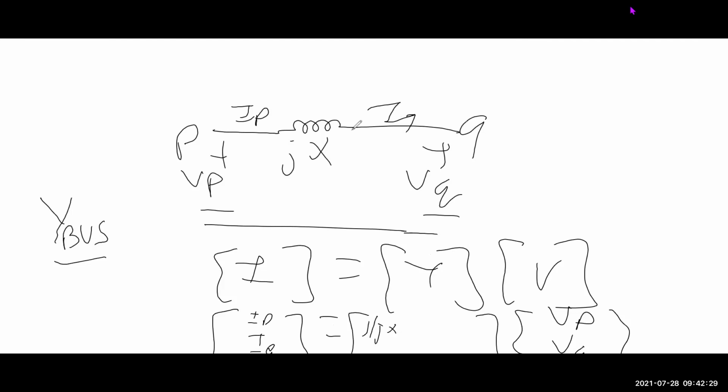From here it is also being transferred, so it will be minus 1 by jX. Whatever is connected to this particular point, it is 1 1, so only one is connected. The 1 1 and 2 2 would be the same, 1 2 and 2 1 would be the same, so it will be 1 by jX, and 2 2 would be connected in the second, similarly as 1 by jX. So it will be this option, right?